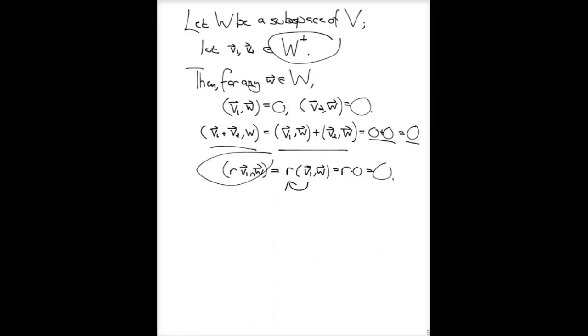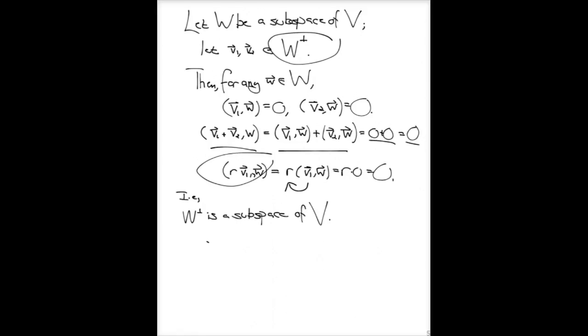And therefore W perpendicular is also closed under scalar multiplication, and we can conclude that the orthogonal complement is a subspace of V. So look, we started with a subspace W of V, and we concluded that its orthogonal complement is also a subspace of V. But there's more.